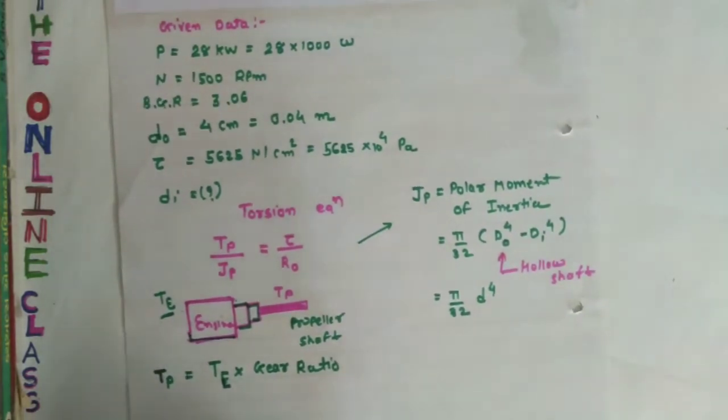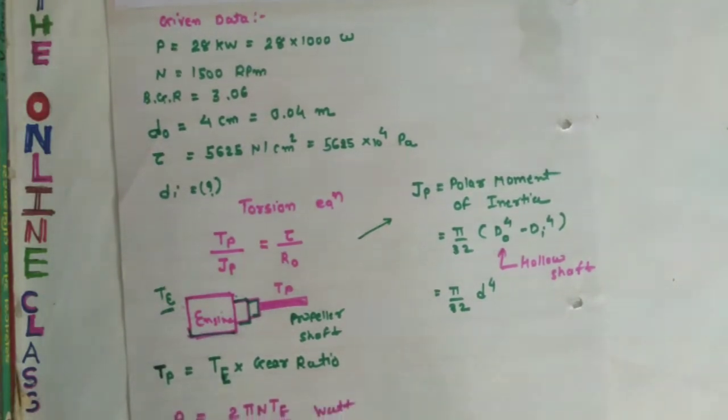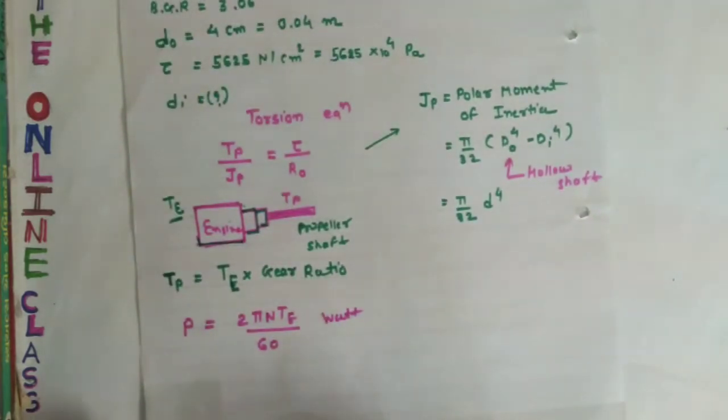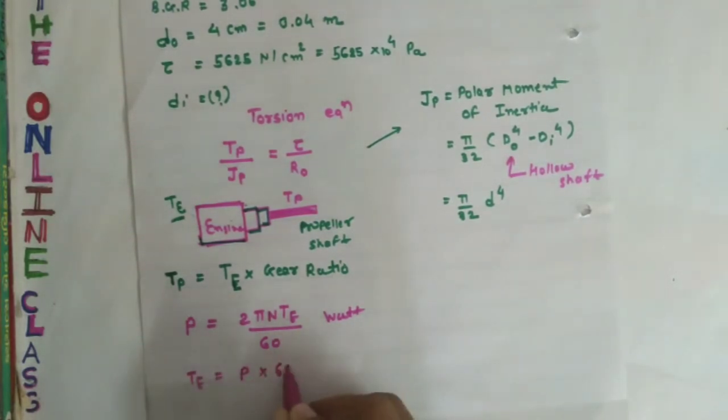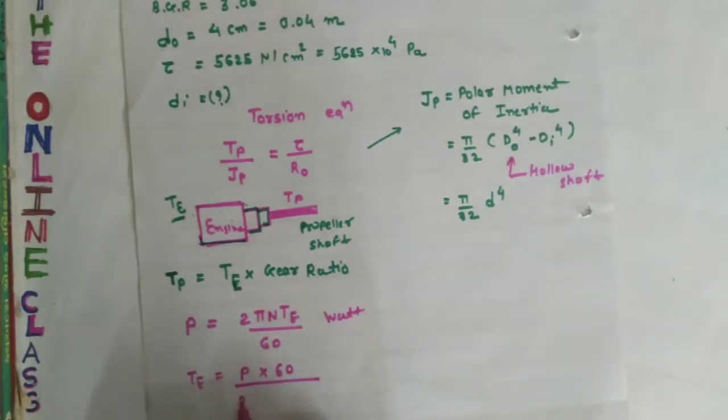For engine torque TE, we have one common equation. P is equal to 2 pi n TE divided by 60 watt. We all know this equation. So TE is equal to P multiplied by 60 divided by 2 pi n.